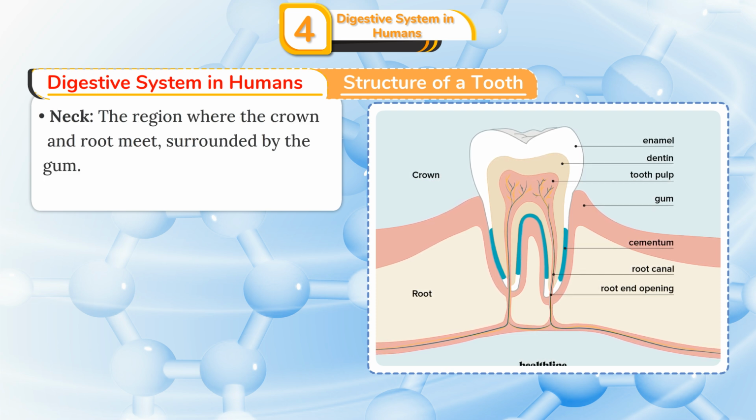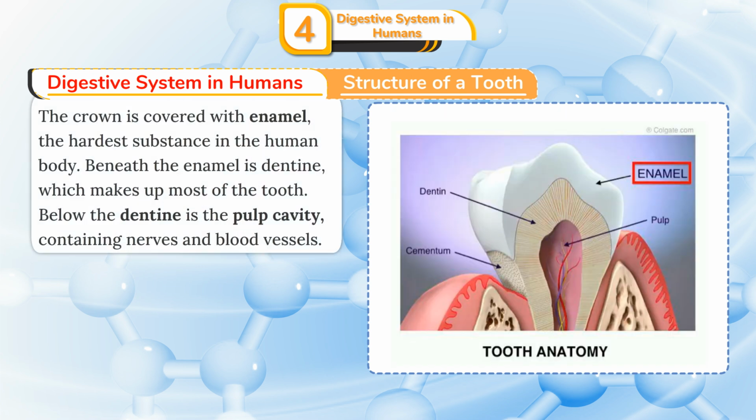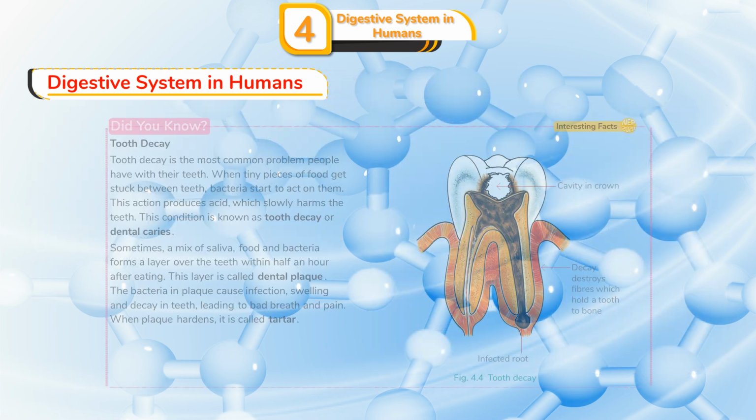Neck, the region where the crown and root meet, surrounded by the gum. The crown is covered with enamel, the hardest substance in the human body. Beneath the enamel is dentine, which makes up most of the tooth. Below the dentine is the pulp cavity, containing nerves and blood vessels.